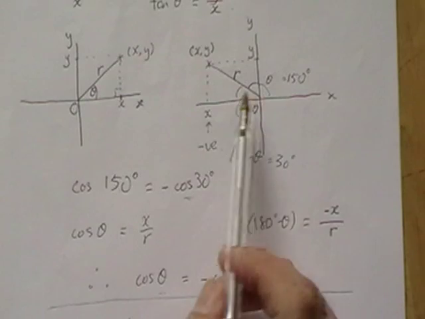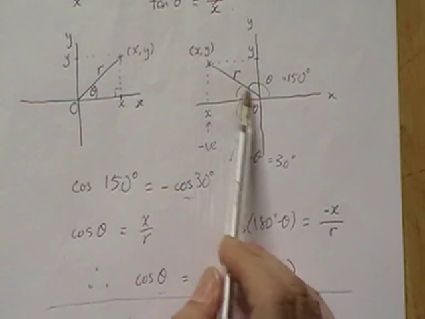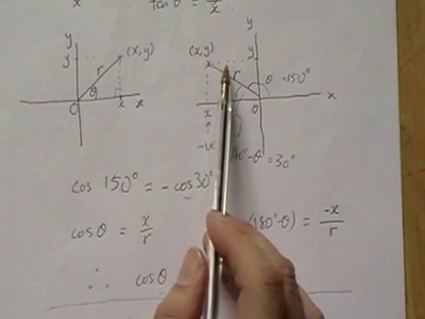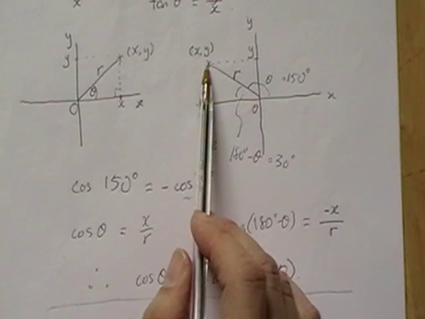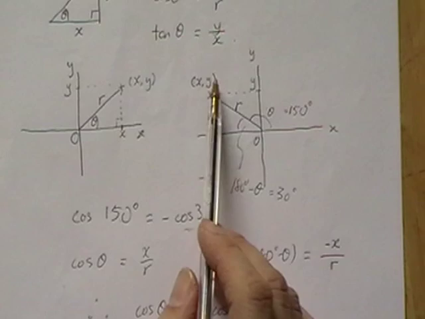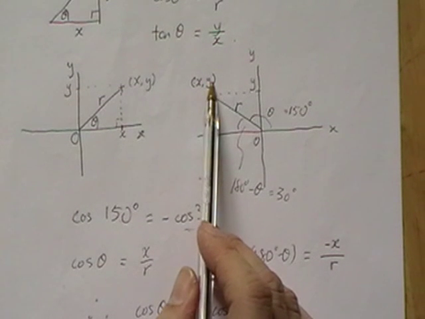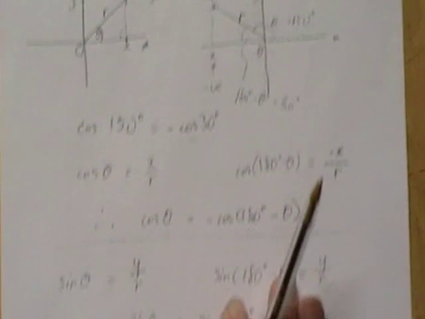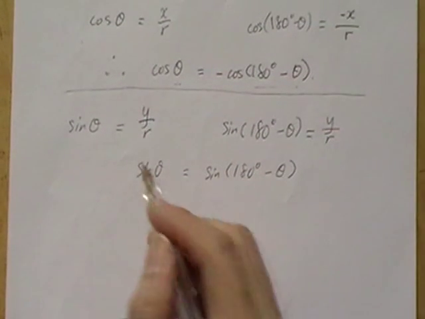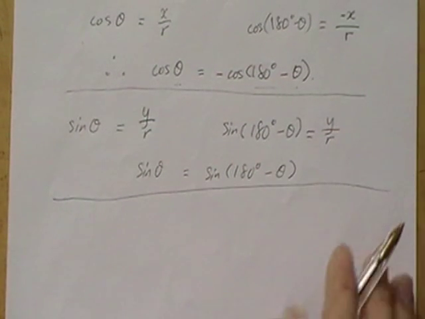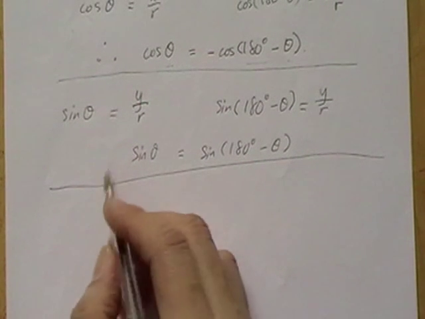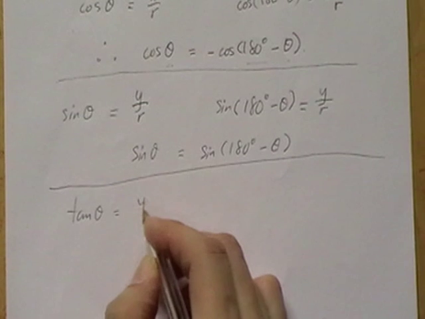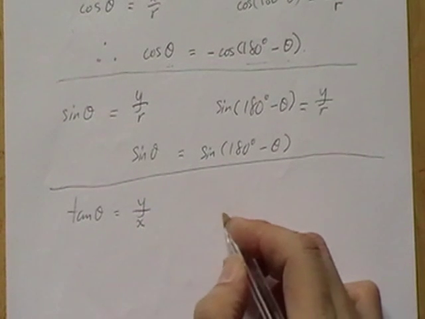And if we look at this obtuse angle, it means that tangent theta is the y coordinate divided by the x coordinate. Let me write this down. Tangent theta is equal to y over x.